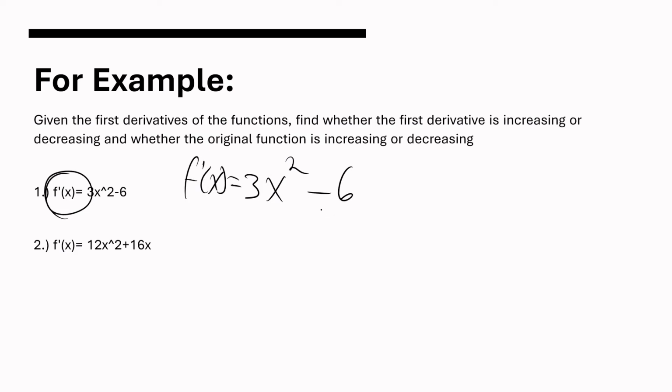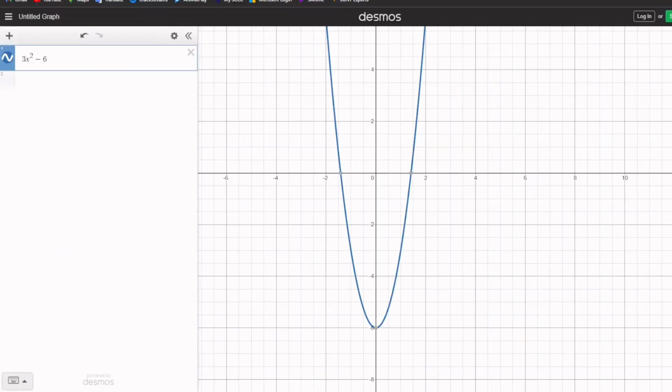So we're going to go back on our best friend Desmos in order to find how the original function and the second derivative function will look when we see them graphed. Here on Desmos, we have our derivative function, 3x squared minus 6. We know that whenever f prime x is positive, the original function f is increasing.